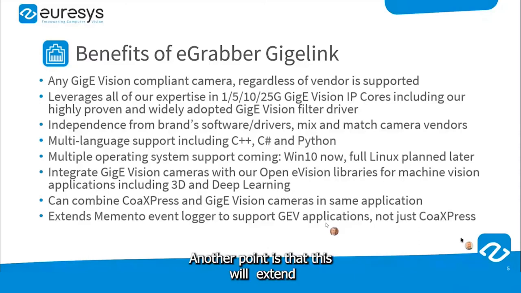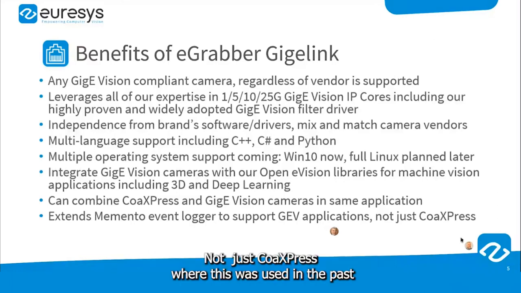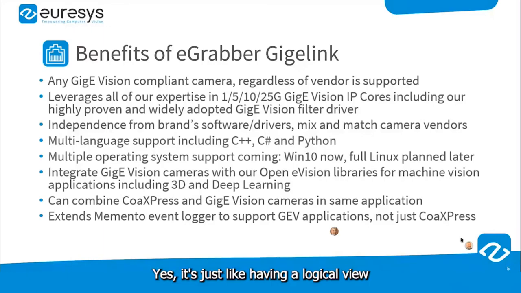Another point is that this would extend our Memento event logger tool to support GigE Vision applications, not just CoaXPress where this was used in the past. Yes, it's just like having a logical view that operates over the whole system, in addition to Wireshark, which is used to have a network packet level analysis.